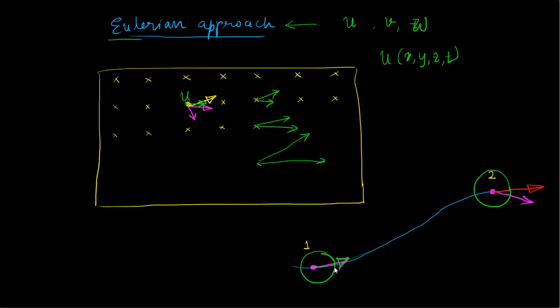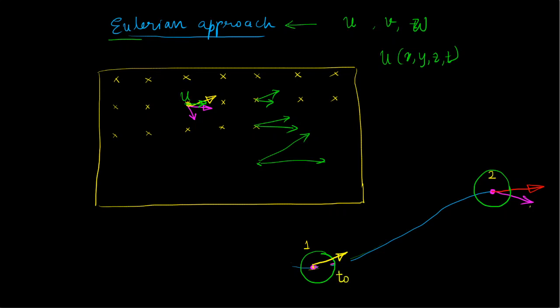So the change in velocity for the particle, what does the particle actually see its velocity change as? Let me draw this as the yellow vector. The pink vector is the velocity at point 2 at the same time. Let me call this t naught.